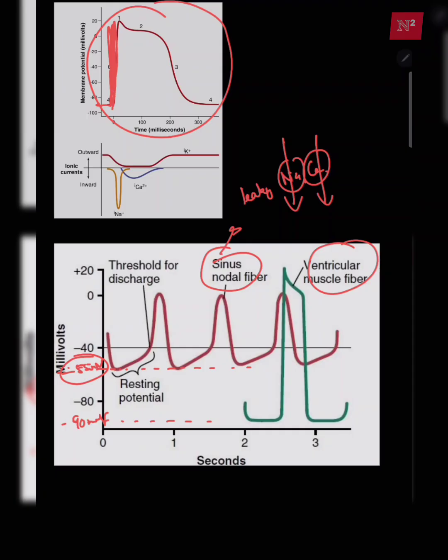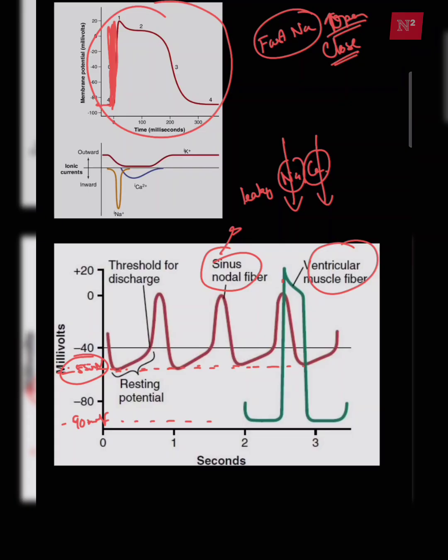Now there's another point: fast sodium channels are fast to open, as well as fast to close. So it has been seen that around -55 millivolts, most, about 90%, of the fast sodium channels close.